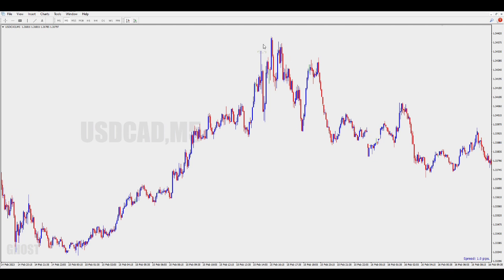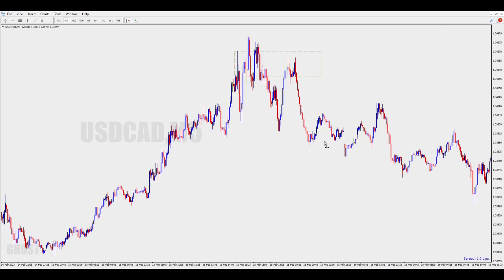So this constitutes our QM, basically from here, but it's a clearer QM. We have a high to the open of the candle, and you can see clearly after the lower low in this area, price keeps down. That means there were orders loaded in this area to keep price down.